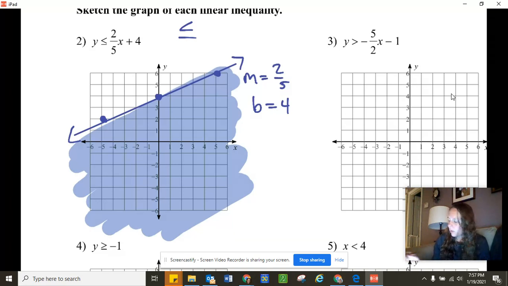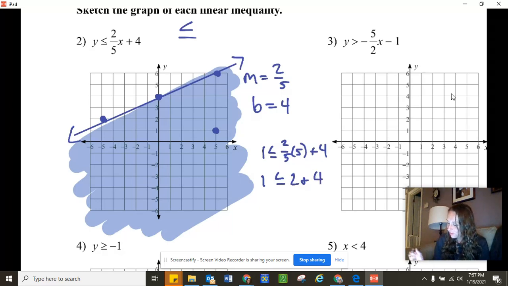So that means that any point in here would make that statement true. For example, if I picked the point 5, 1, and I plugged in 5 for x and 1 for y, I'd say 1 is less than or equal to 2/5 times 5 plus 4. Then I'd be saying 1 is less than or equal to 2 plus 4, which is 6.